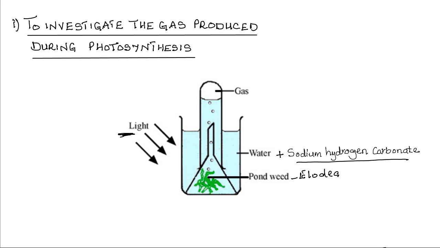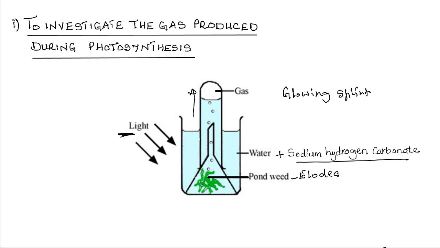Instead of sunlight, we get light energy from this bulb. Since we do not want temperature to vary, there's a special heat screen that we use to prevent the heating up of the setup by the bulb. Otherwise, the setup remains just like in the first one.